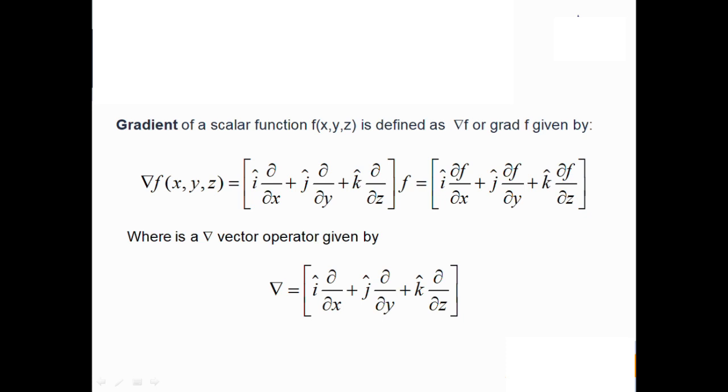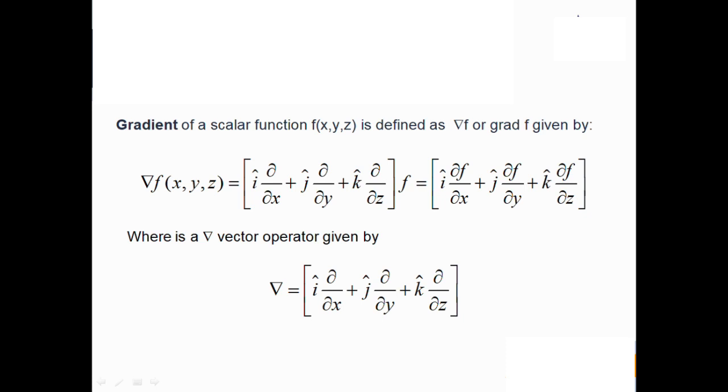And this del is the nabla, the del operator, and you can see the value of that operator is given here: unit vector i, partial derivative with respect to x, unit vector j, partial derivative with respect to y, and unit vector k, partial derivative with respect to z. And we all know that i, j, and k are unit vectors in the x, y, and z direction, respectively.